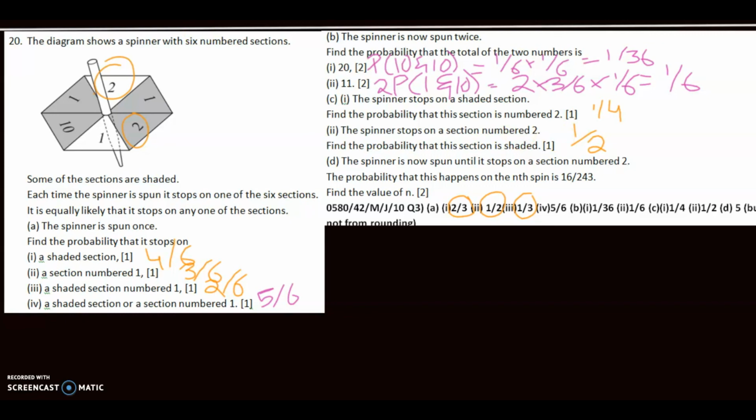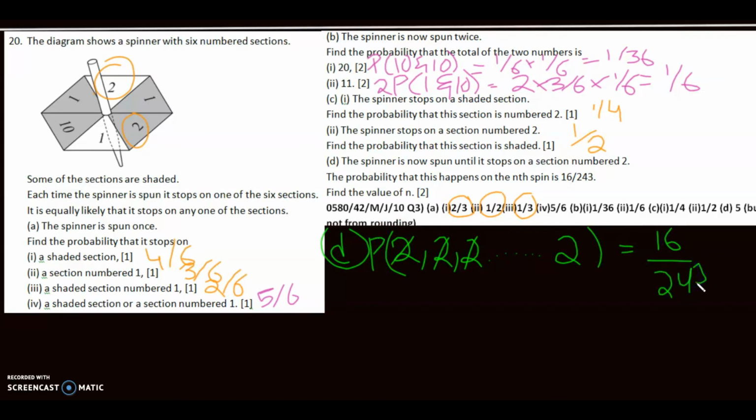That means we're getting the cases of not 2, not 2, not 2, and then eventually we get a 2, and the probability of this happening is 16 upon 243. We have to find the value of n, which is how many times the spinner is spun.